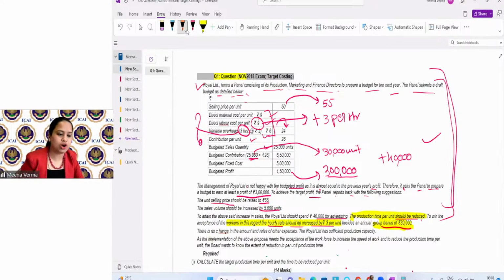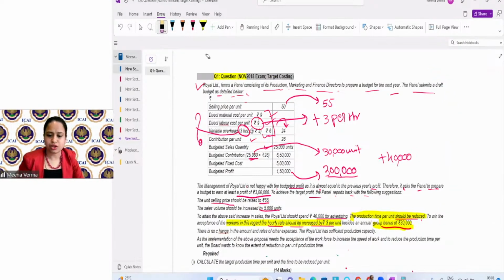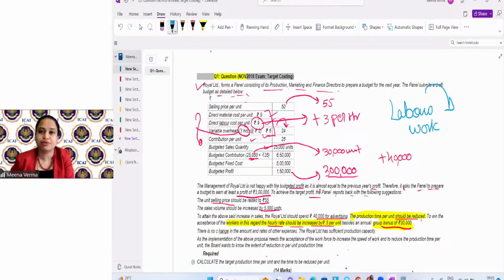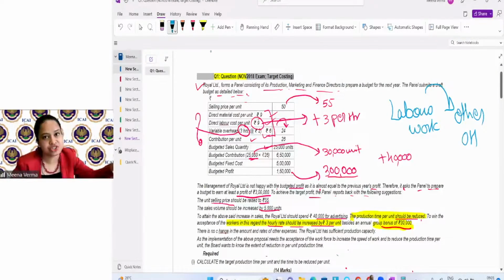So actually the point is that labor work is associated with other variable overheads. Why? Because if the labor works, the machine will be used. If the labor works, there is depreciation of the machine. If the labor works, fuel will be used. If the labor works, electricity will be used.